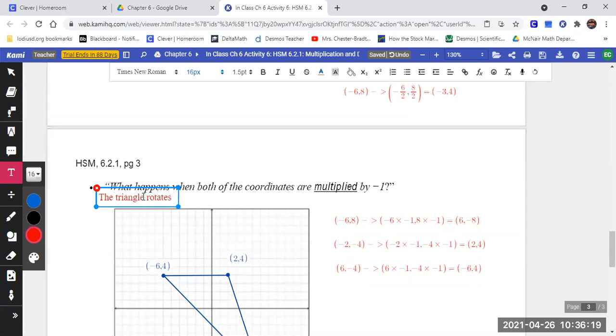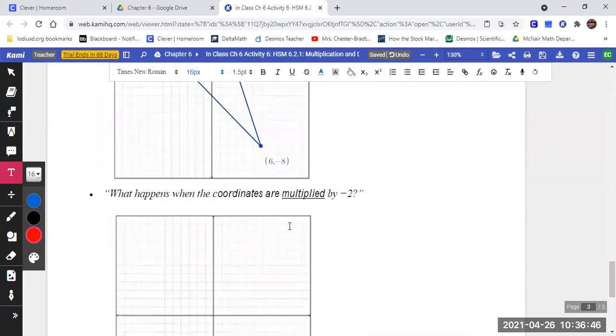Rotates. How far? 180 degrees. Now, does it matter if I say clockwise or counterclockwise? No. So I'm just going to say clockwise because that is our normal way we spin things in our world. Okay. All right. So now we're going to pull the things together.